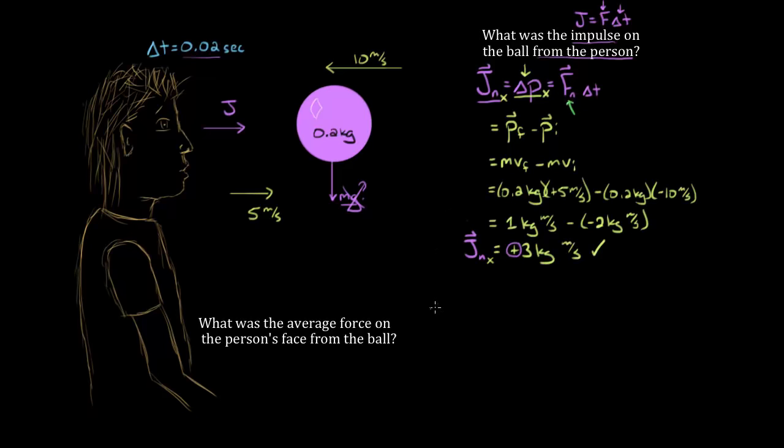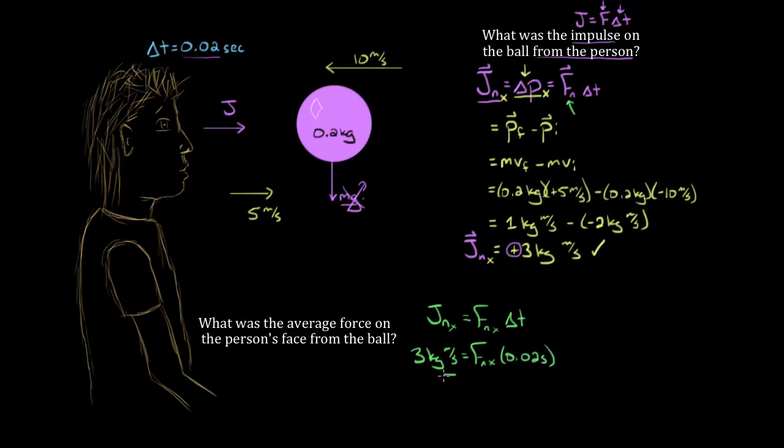Since I know that the net impulse on the ball in the x direction should just equal the net force on the ball in the x direction multiplied by the time interval during which the force was applied, I can say that the net impulse on the ball was 3 kilogram meters per second, and that should equal the net force on the ball in the x direction, which was supplied by, unfortunately, this person's face, multiplied by the time interval, which is 0.02, 20 milliseconds.